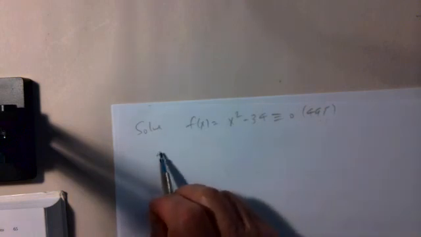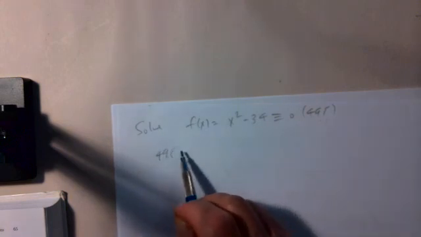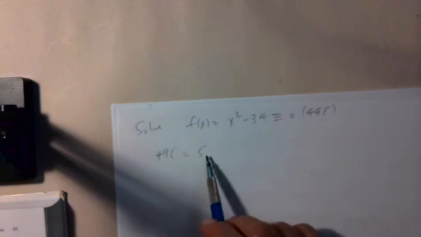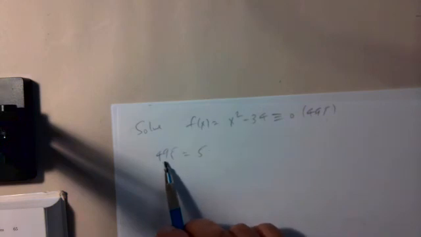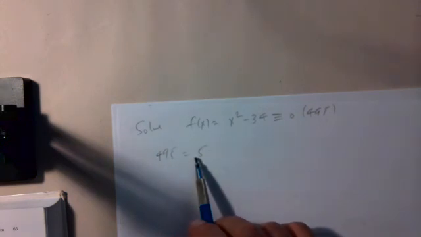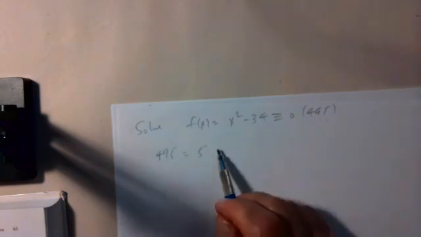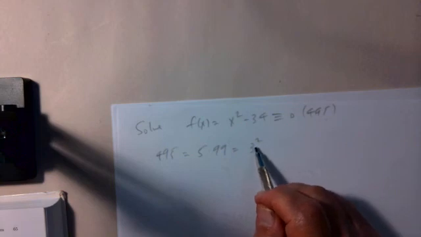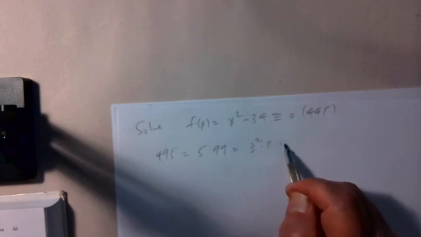So 495 is certainly divisible by 5. Let's see, 5 times 100 is 500, so 5 times 99 will be 495. And 99 is 9 times 11, or 3 squared times 5 times 11.